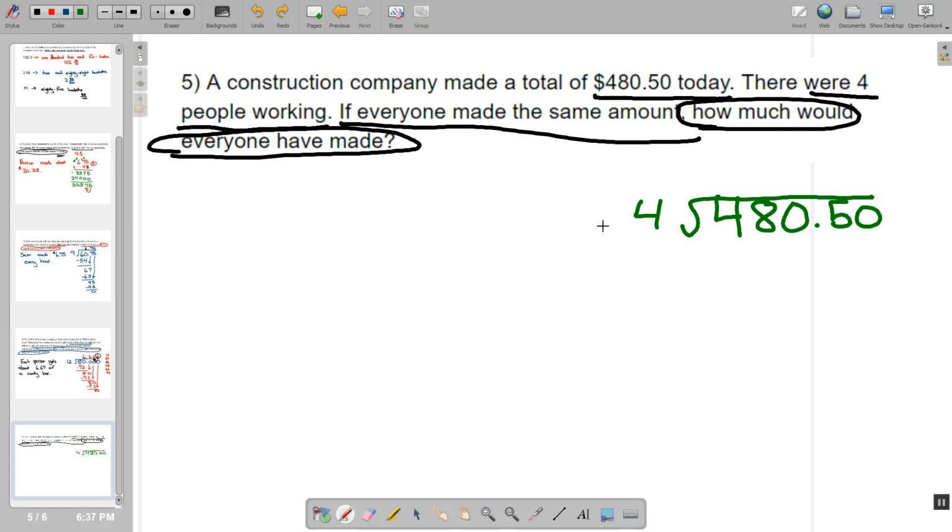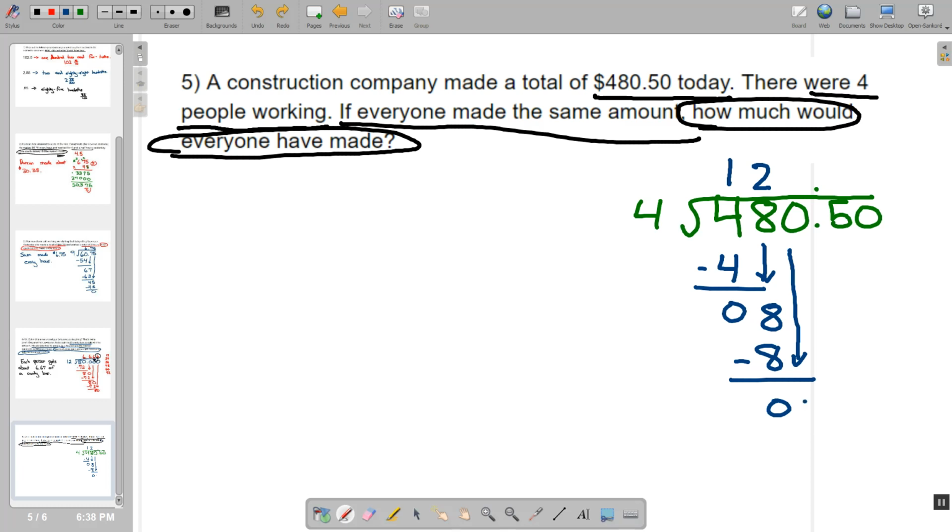So we have no decimal in this place, so we need to move our decimal place up and then divide like normal. So one group fits into the 4 without going over. 2 4s can fit into the next digit without going over. Now the next digit is a 0, so that means that 0 4s can fit into this one.